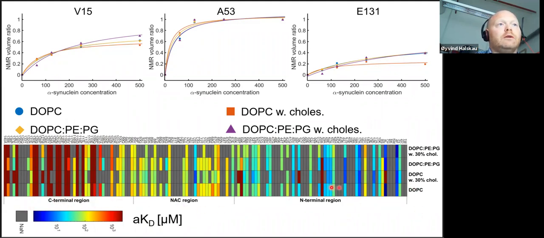Here is the N-terminal region, which is associated with membrane binding. The NAC region is called the non-amyloidic component region, but it's actually this one which appears to be active in misfolding events.